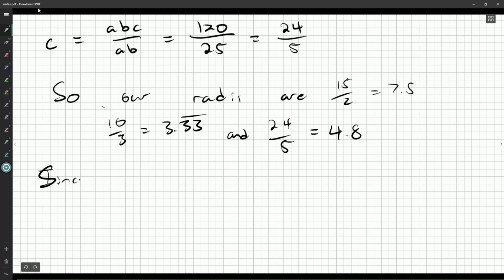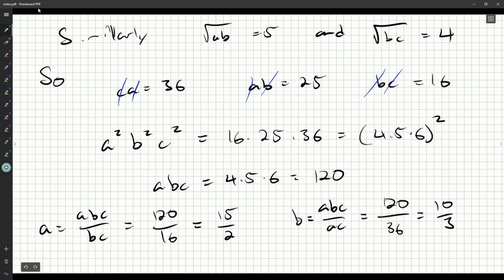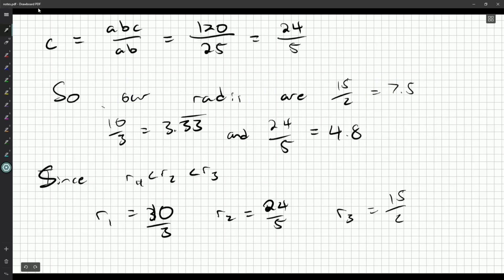So, since R1 is less than R2 is less than R3, we can see R1 is going to be 10 thirds. R2 is 24 fifths. And R3 is 15 halves. And there we go.